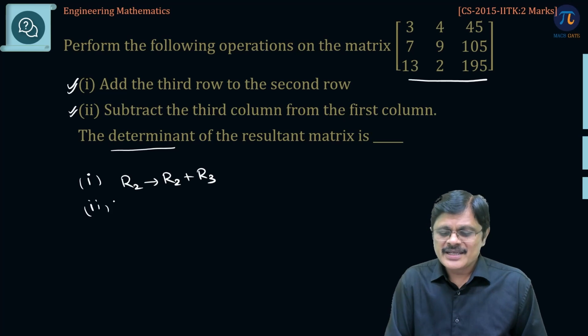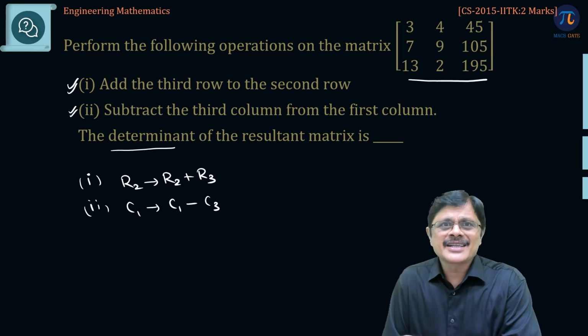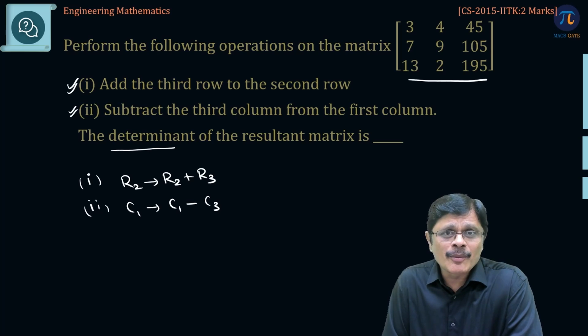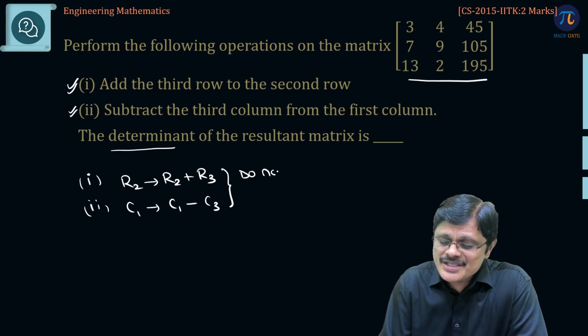Second operation: subtract third column from first column, that is, the third column needs to be subtracted from first column, and you get the new column 1. But these are row and column operations, and these operations do not change the determinant of the matrix.